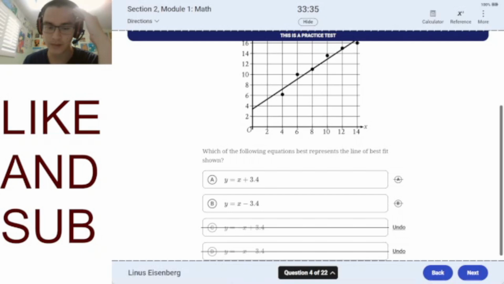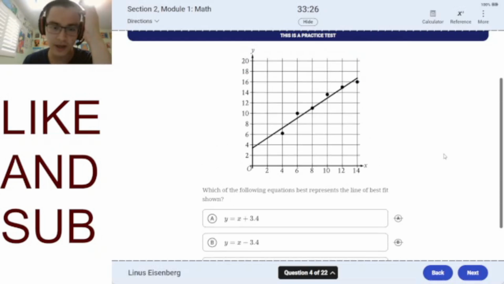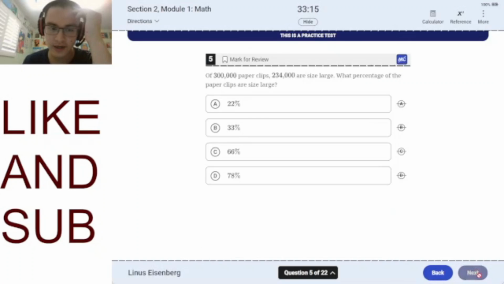And then the important question we've got to ask ourselves is, if it can't be the bottom two, which of these is it going to be? And we see that it starts positive, so it's not going to be B either. It's going to be A because it starts positive and it gets more positive. Okay, on to the next question.